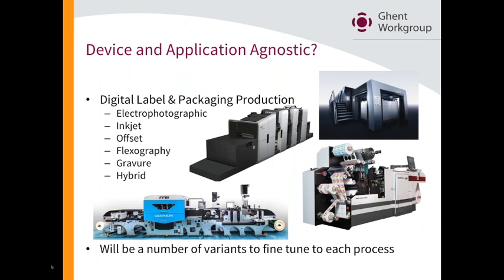But what's the end game on this? Packaging in particular is changing dramatically. A lot of that is because of the introduction of digital print for packaging. But what does digital print even mean? Well, there's electrophotographic, there's inkjet. There will still be offset. There'll be flexography, because flexo is not the old technology it used to be. Flexo is now becoming a lot more digital.